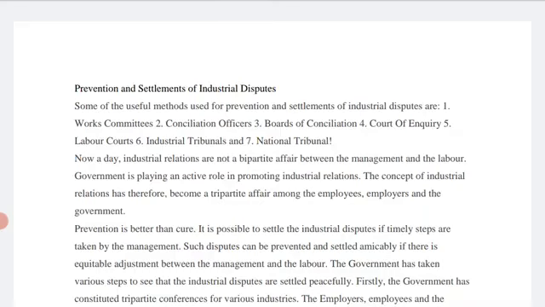Yes, it will turn towards strikes. These employees, if their grievances are not resolved, approach their union.